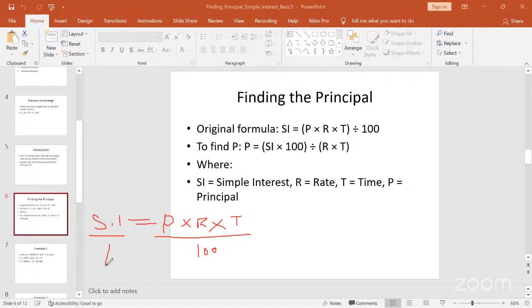I'm just trying to prove to you how we're making P the subject of the formula. I don't want to give you the formula directly, but I want to show you how we make P the subject of the formula.